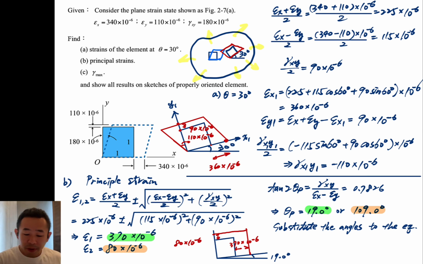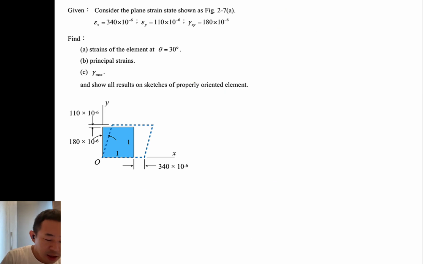And one more thing left is the gamma max, right? Gamma max is, of course, the maximum shear strain occurring orientations. And the good thing is that we know 19.0 and 109.0, so you know that their difference will be 45 degrees. So remember this 19 and 109.0 on the next page. I'm going to repeat this page, but with the empty space.